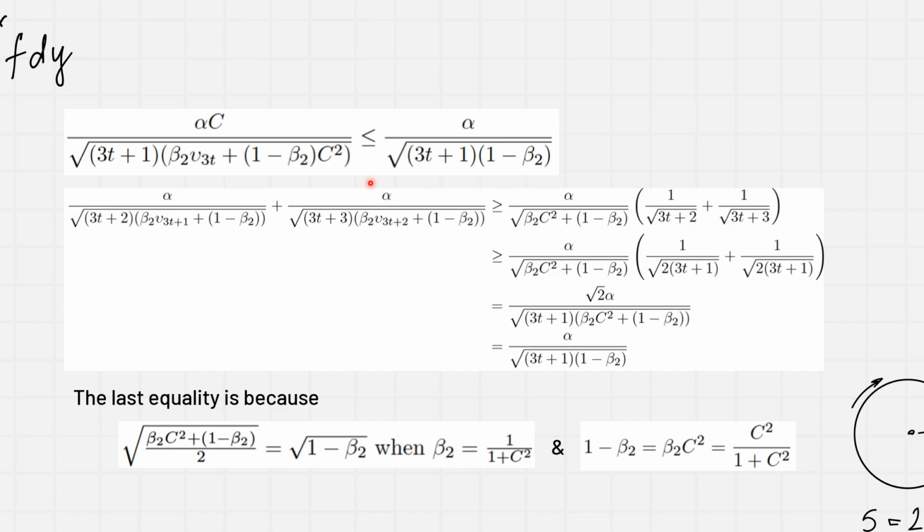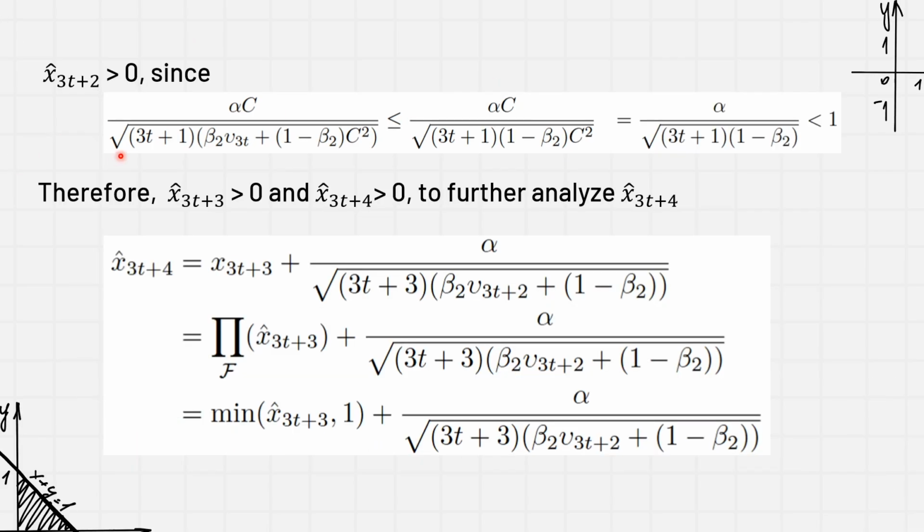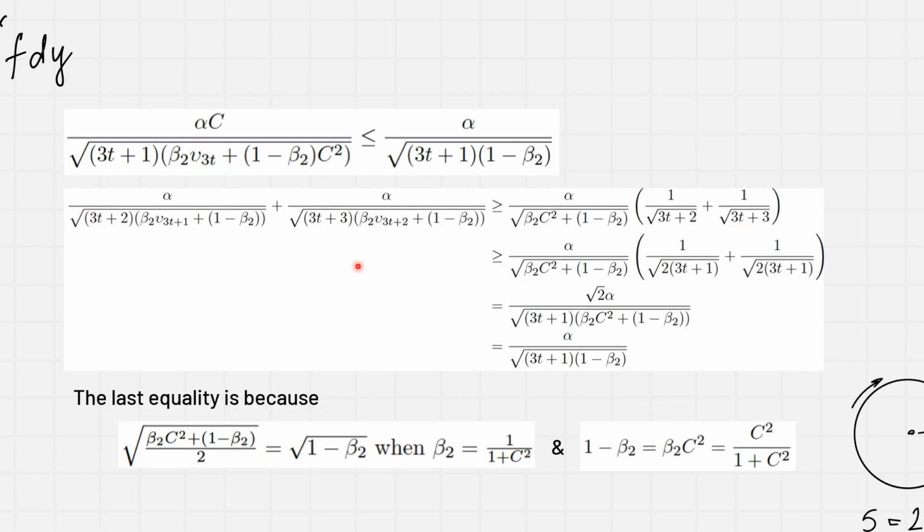Fortunately, we found a variable that lies between the two, and this inequality comes from what we mentioned in the previous slide. To see this, 2 is greater than alpha over root 3t plus 1 multiplied by 1 minus beta 2. Here we change 3t plus 2 and 3t plus 3 to a much greater number, 2 multiplied by 3t plus 1.